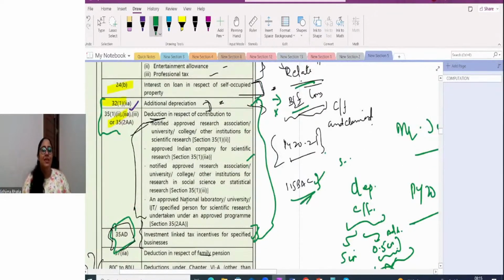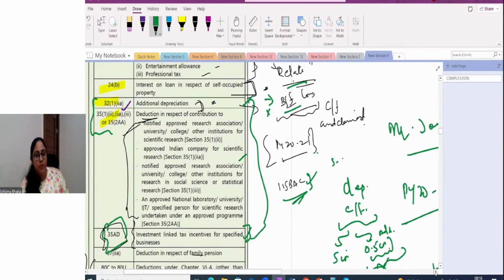So suppose you had additional depreciation, but now if you want to opt for 115 BAC, you cannot opt for additional depreciation. Agreed, right? Also at the same time, if you have any brought forward losses, any losses which you are carrying forward to this year, in which there is a loss because of additional depreciation, that should also not be allowed. That should also not be allowed.